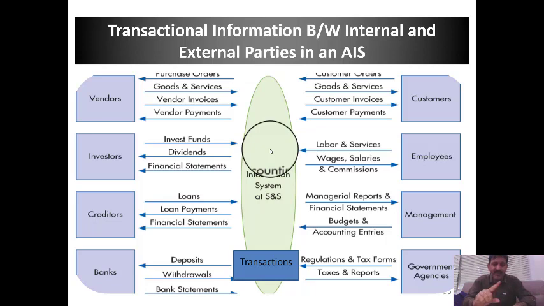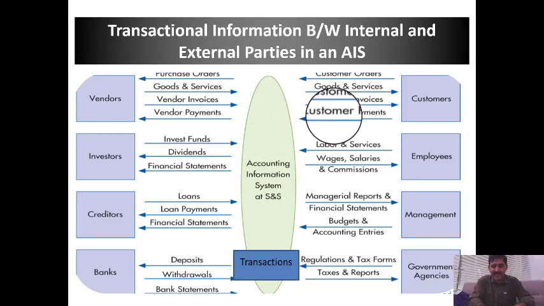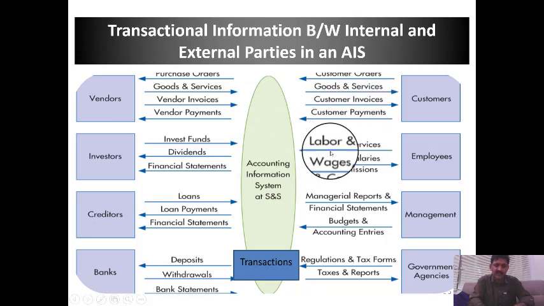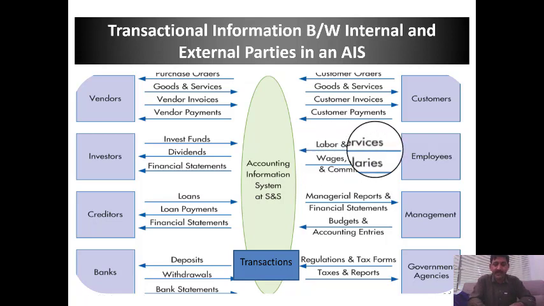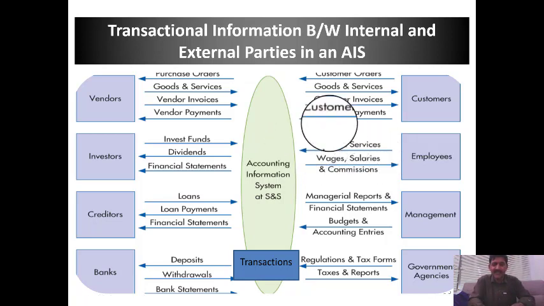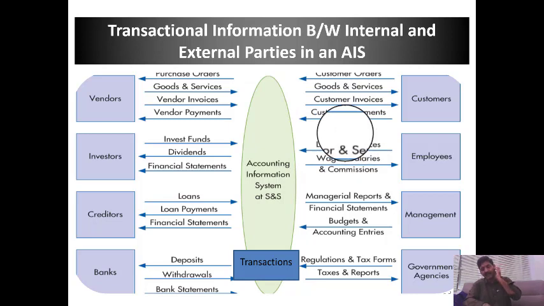In the form of a time sheet, showing how much time they spend for the company, we record it in the accounting information system based on the time or hours they work with the organization. We make payment. Clear? We pay wages to those who are on a daily wages basis, and we pay monthly salaries, and those salaries will be recorded in the accounting information system in the form of transactions. Clear? We also pay commission as well.